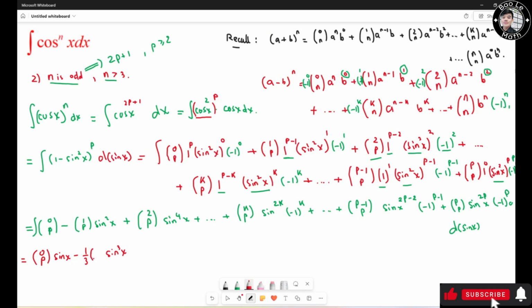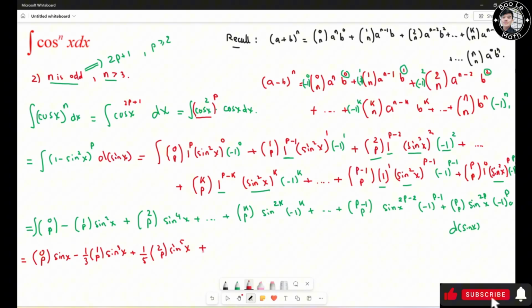And then the combination of 1, p we need to put over here, right? Plus 1/5, right? Sine to the 5th of s, and this one the combination of 2, p, right?